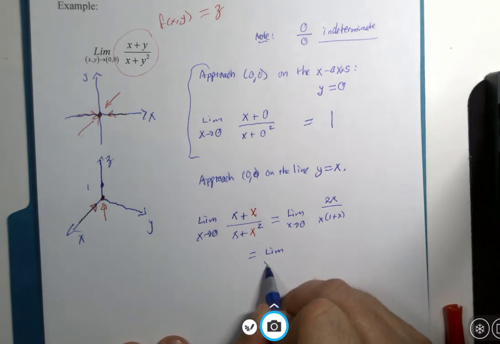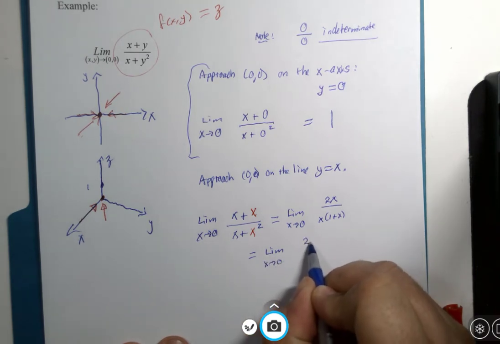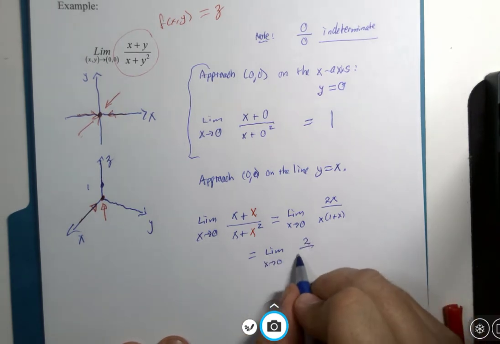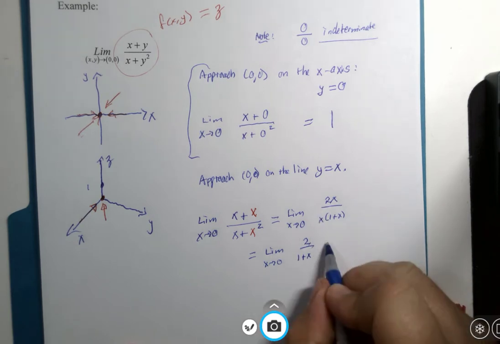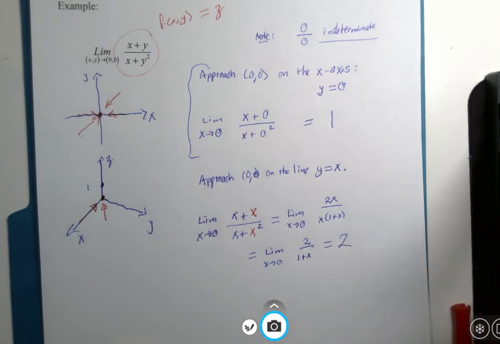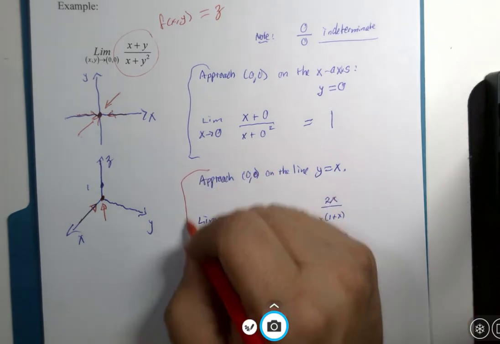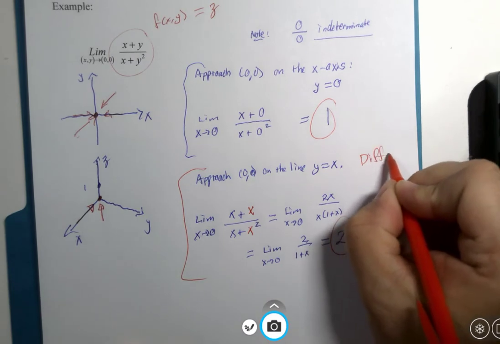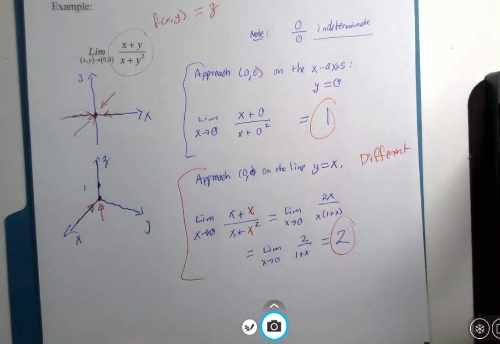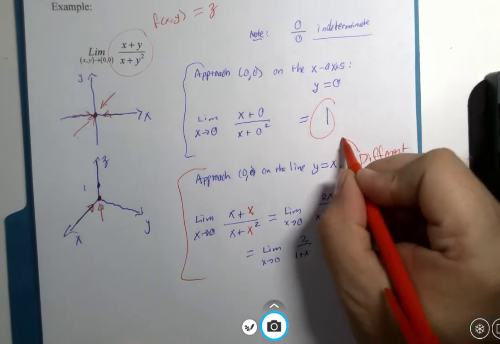Limit as x approaches 0 of 2 over 1 plus x. Now if x is equal to 0, I get the number 2. These are different. That's different from this one.